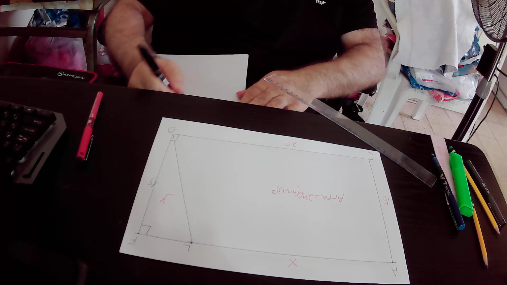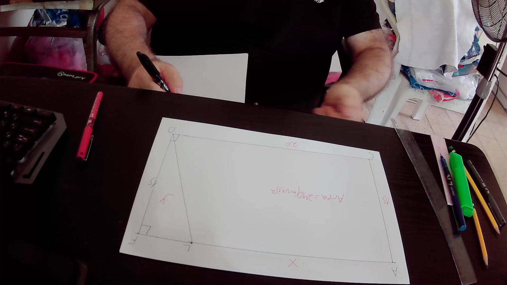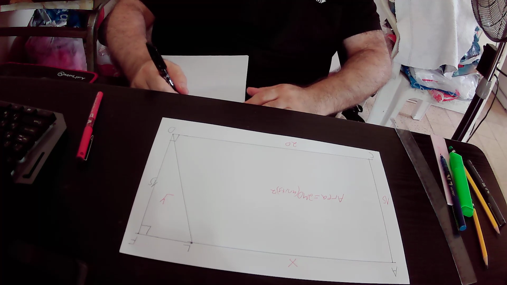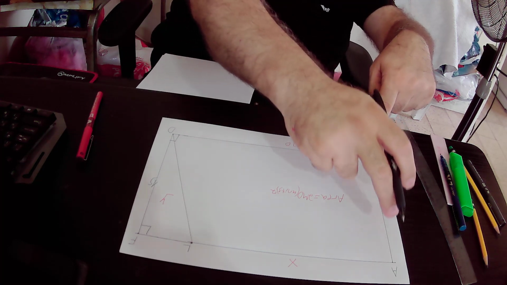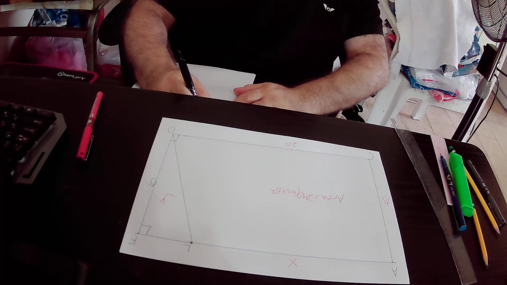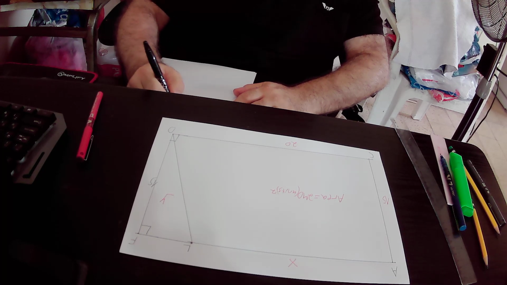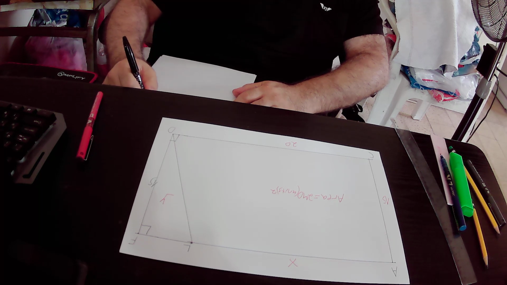The area of any rectangle equals the length of the rectangle times the width of the rectangle.